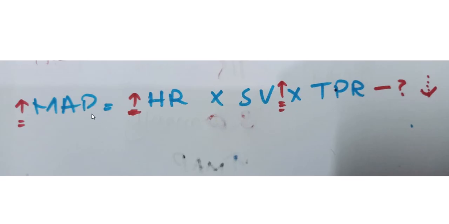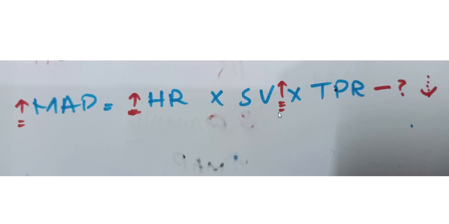Suppose the heart rate is increased, the mean arterial pressure is increased, the stroke volume is increased. Will total peripheral resistance be increased or decreased? It will be decreased.